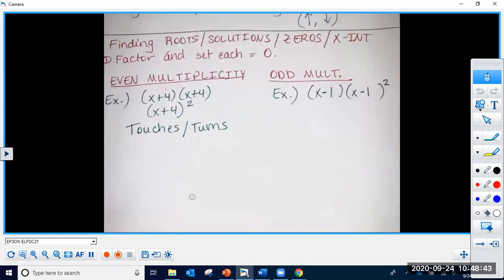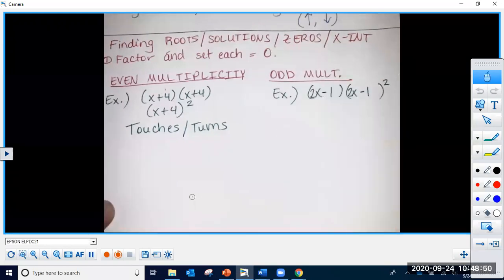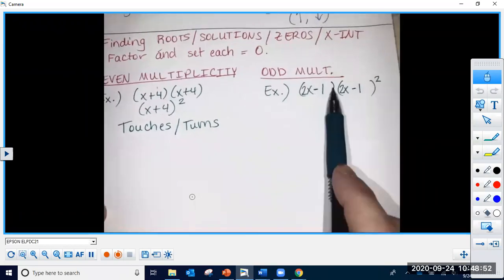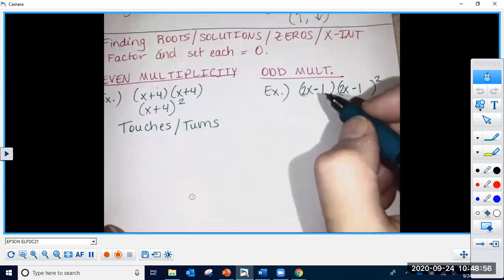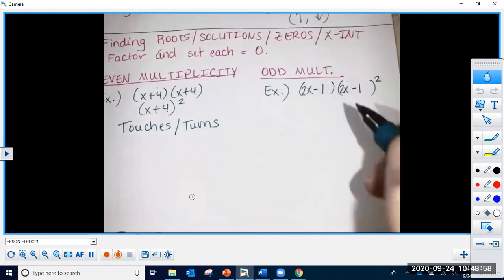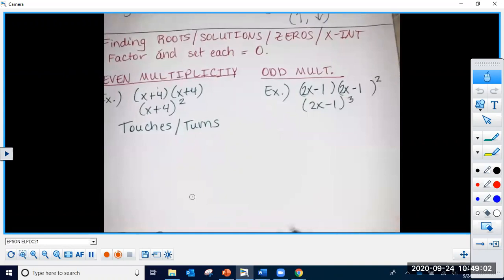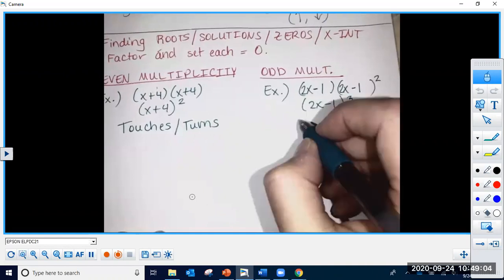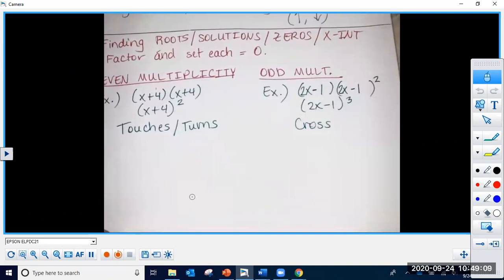So for an example of an odd multiplicity, let's say I'll throw in a 2 just to make it interesting. Let's say you have 2x minus 1 times 2x minus 1 squared. Then of course that would be an odd multiplicity, because another way you could rewrite that is 2x minus 1 cubed. It's going to cross over the x-axis there.